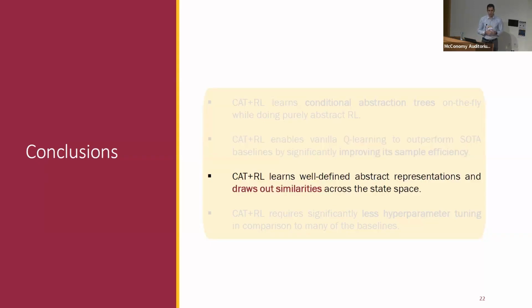Also, if you refer to the paper, we have more results regarding some properties of the abstractions that CAT-RL constructs. For example, CAT-RL learns some abstract representations that can draw out some similarities across the state space.